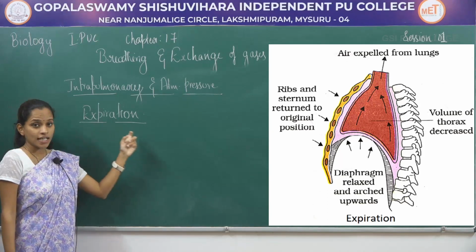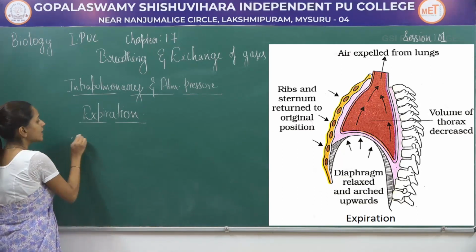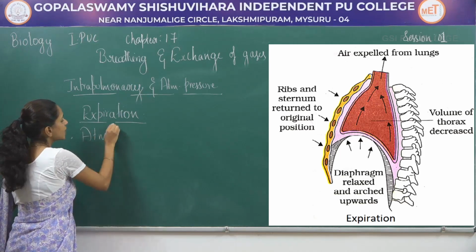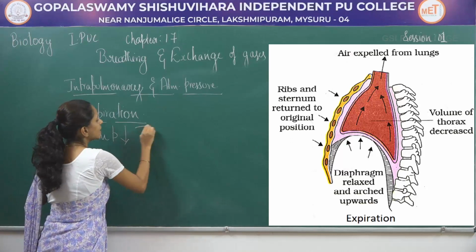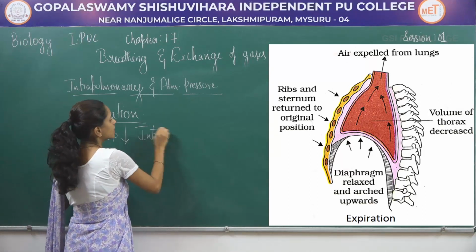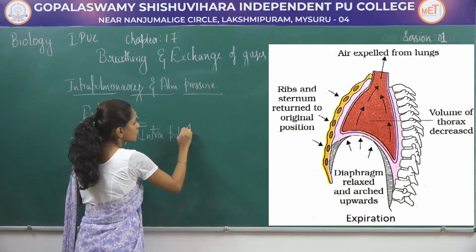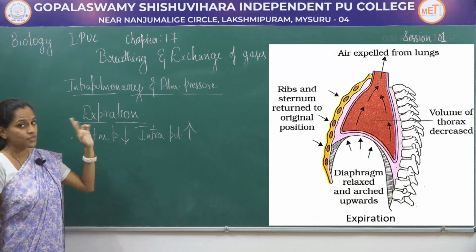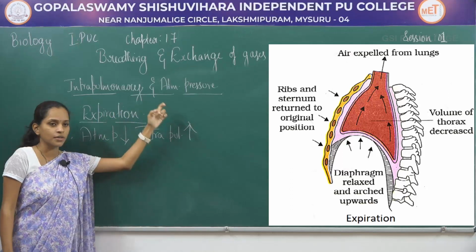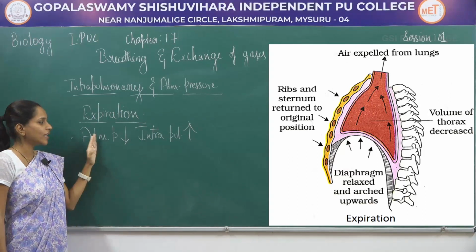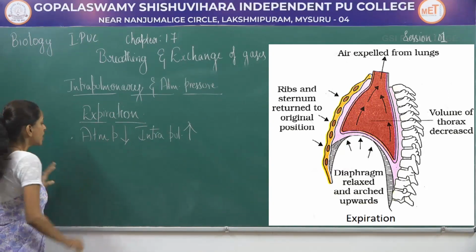So for expiration to happen, atmospheric pressure should be less, intrapulmonary pressure should be more. In inspiration it was opposite: atmospheric pressure had to be higher, intrapulmonary pressure had to be lower. Here the exact opposite takes place.